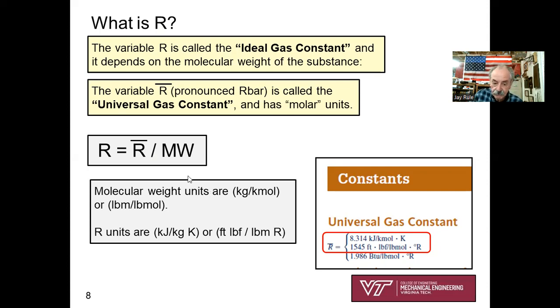So once you've got these molecular weights in your head and you've got R bar in your head, you should be able to quickly identify R, or determine R. So recognize the units of R are kilojoules per kilogram degree K, or in English, foot-pounds force per pound mass degree R. So I declare you an expert in determining R, the ideal gas constant for any substance.